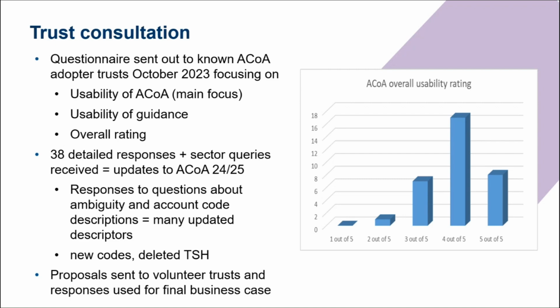We got 38 really detailed responses, and as a result we added those responses to the queries that we get throughout the year, and that's why we have added probably more account codes than we would normally have done. Also, the big change we've made is that we have updated quite a few descriptions, which we don't normally do.